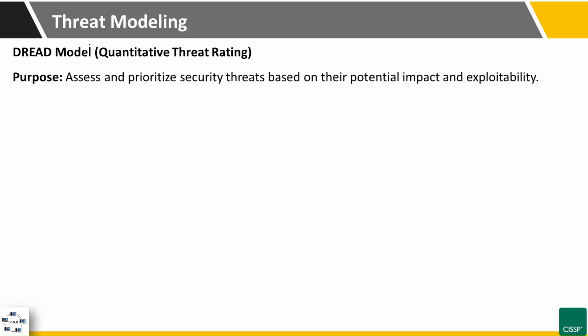Next, the threat model is DREAD, which is a quantitative threat rating. We will see how it is quantitative. As we studied, quantitative basically deals with digits or numbers. The purpose of this model is to assess and prioritize security threats based on their potential impact and exploitability.